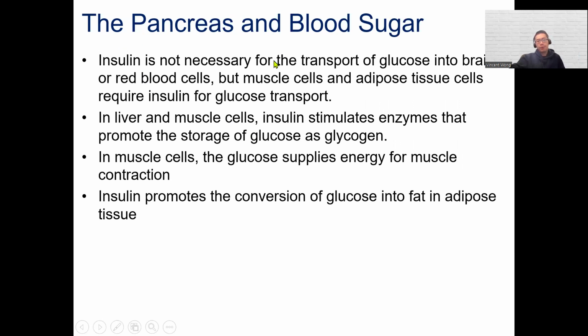So the brain is constantly going to need glucose, obviously, for a lot of functions that are going on. So those cells, the brain cells and the red cells in the body, they don't require insulin to absorb glucose into the cell, but other cells that need a lot of glucose, like the muscle cells and the fat cells, cannot absorb the glucose from the blood unless there is insulin.